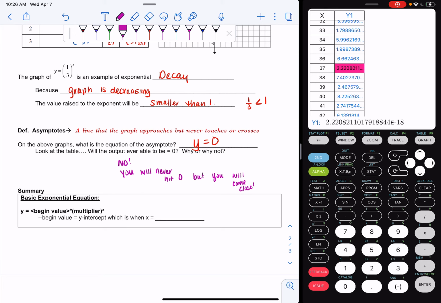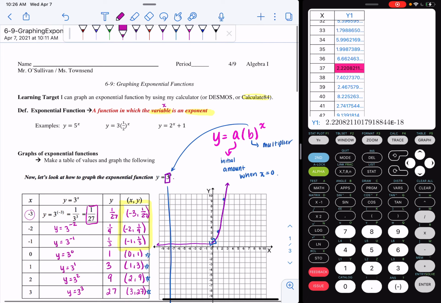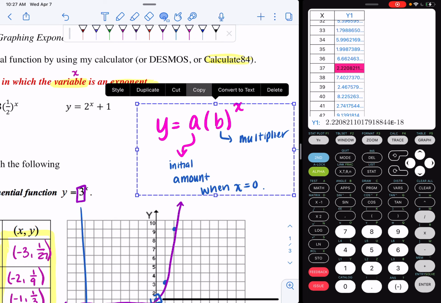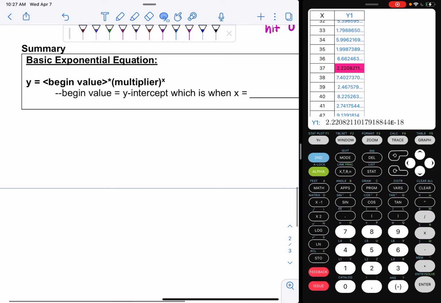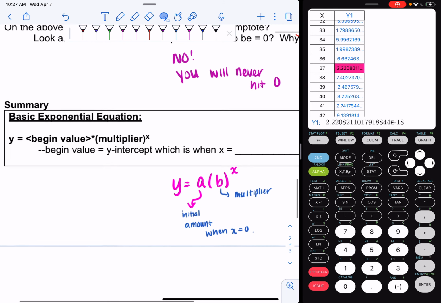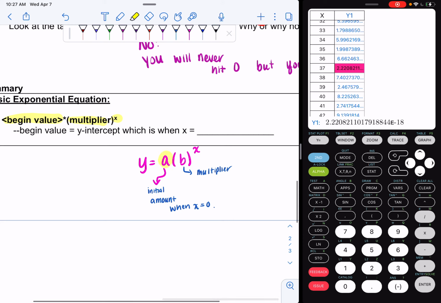And now for a summary of today's lesson, here's our basic exponential equation. Remember, our basic exponential equation is y equals a times b to the x. I'm just going to take a quick screenshot of this. So our basic exponential is y equals your beginning value times your multiplier raised to the x power. So if you think about it, your beginning value is your A value and your multiplier is B. And then you have your X, that's being your exponent.